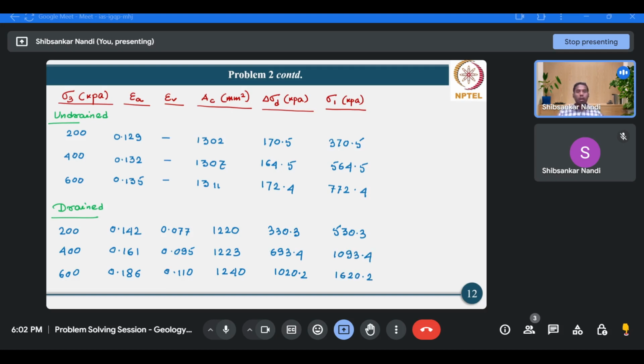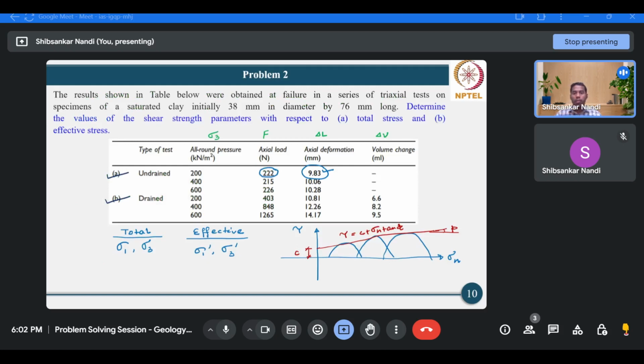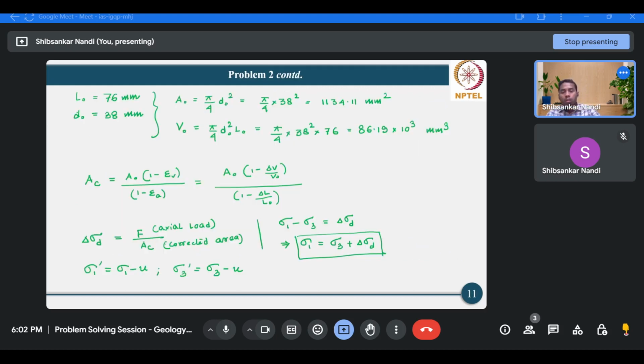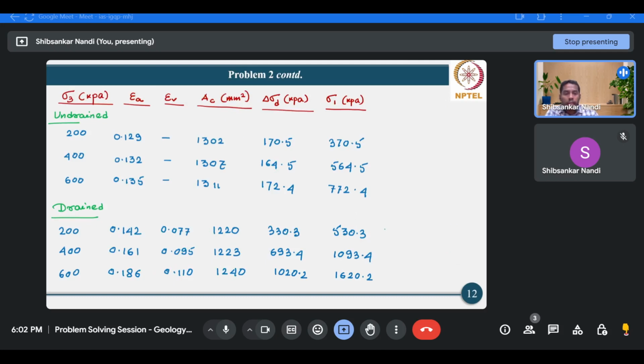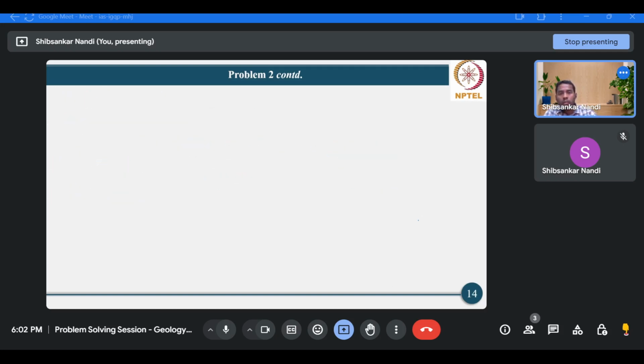In this way we have got the sigma 1 and sigma 3 for the drained case. Now with these values of sigma 1 and sigma 3, we will draw the Mohr circles.